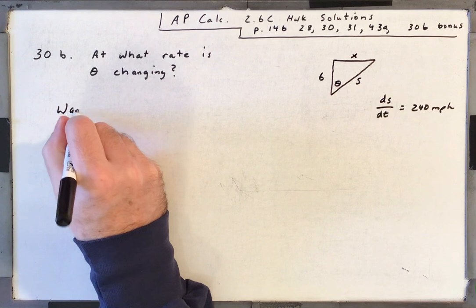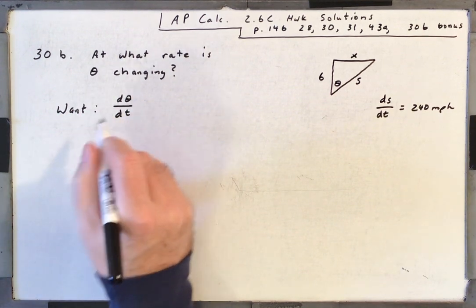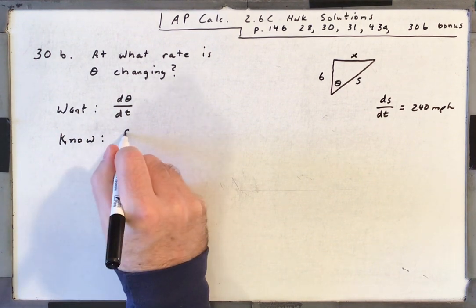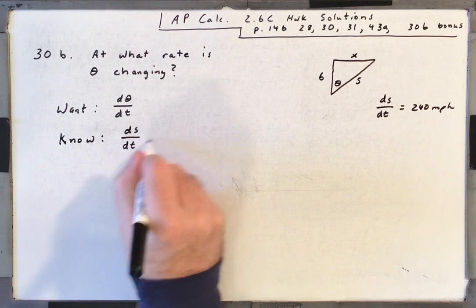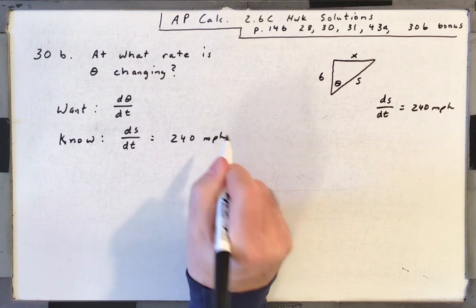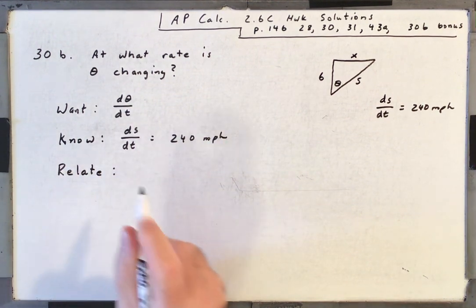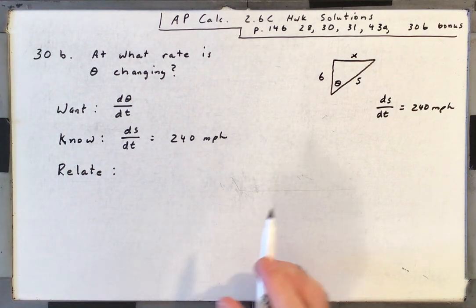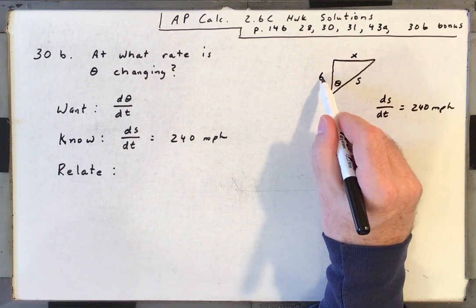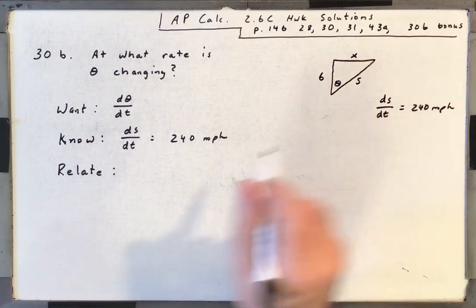What we want is d theta dt. We know that ds dt is 240. Now we're going to relate. So what trig function will we use? Well, we know the rate on S, and we know this side. So we have the adjacent side and the hypotenuse side. So that would be cosine.